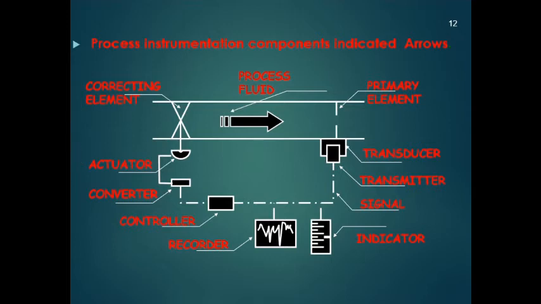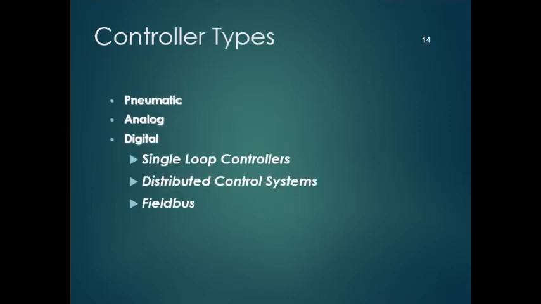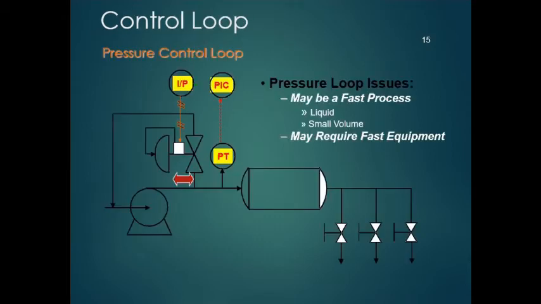The controller types are various: pneumatic, analog, digital, that is single loop, distributed controllers or fieldbus controllers. In a control loop, pressure transmitter or temperature transmitter signals are taken and fed to the controller, and then the final element is controlled through the control valve.